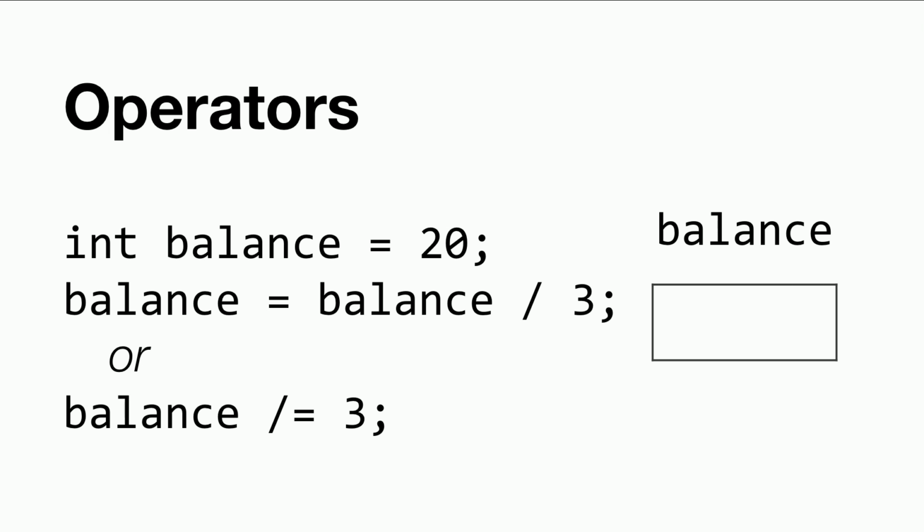Another thing to note here, let's say you have integer balance equals 20 and you're dividing by 3, what is that going to return? So if you were just doing the math, you might have a decimal value, but what is this going to be? You can think about it for yourself in a second. So what this balance variable will end up being is actually 6. And why is that?